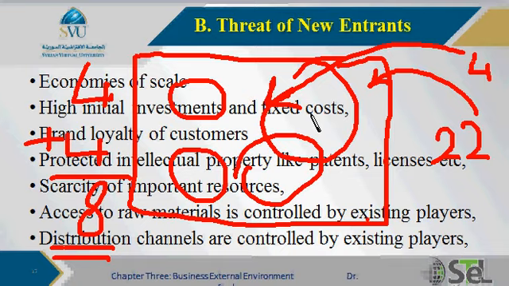More competition, more struggle, more fighting, lower market share for each one. They were 4, they become 8. So this is the threat of a new entrant, a newcomer to the market.